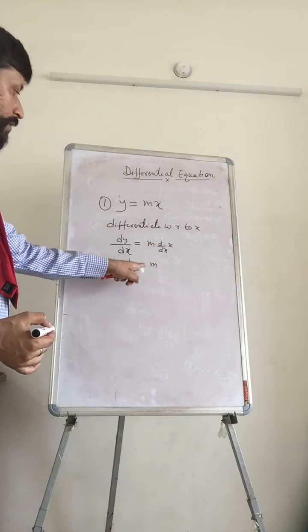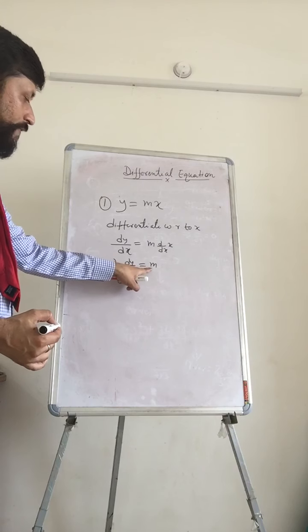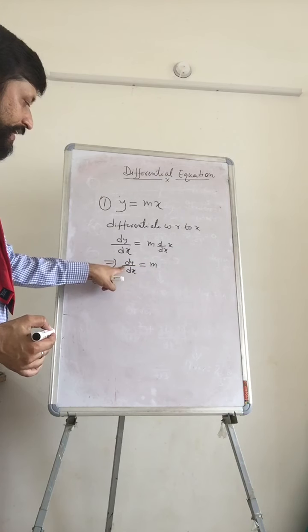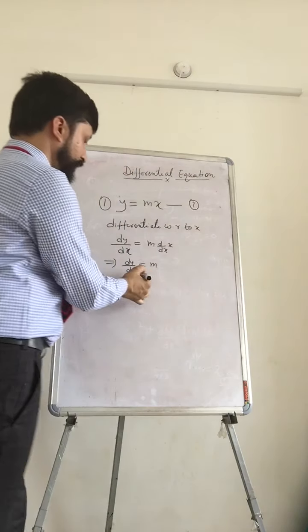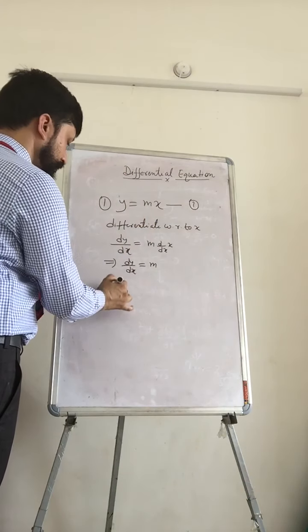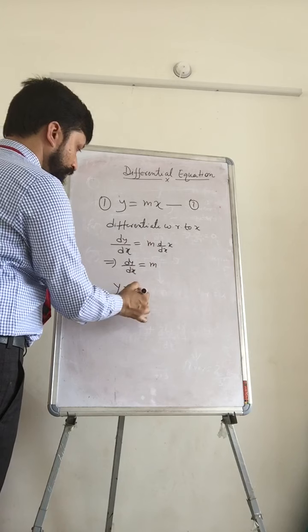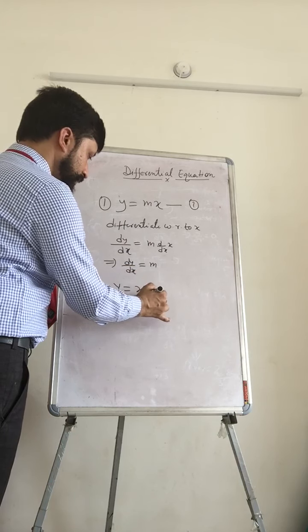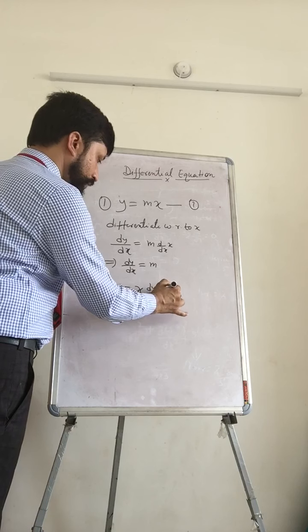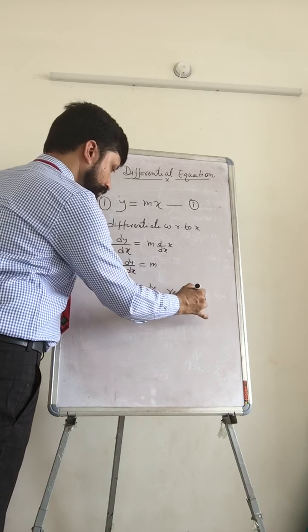Now, thus we eliminated the value of m. In place of m, now we can write dy/dx. Mark this as equation 1. Now putting the value of m in this expression, we get x times dy/dx. So this is your required differential equation.